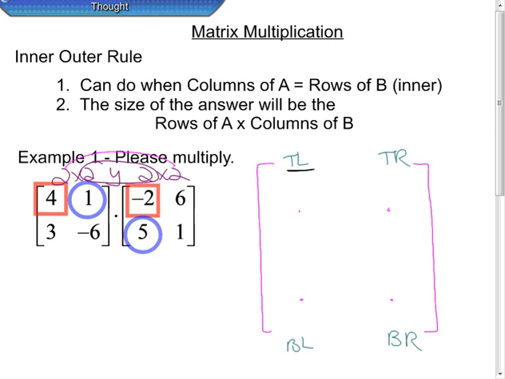Well, what I do is I multiply the corresponding elements of each row or column together and add the results together. So what I'm just going to do here with the shapes is I'll multiply same shapes and add the results of those multiplications. So in red, we've got 4 times negative 2 plus, and in blue, we have 1 times 5.